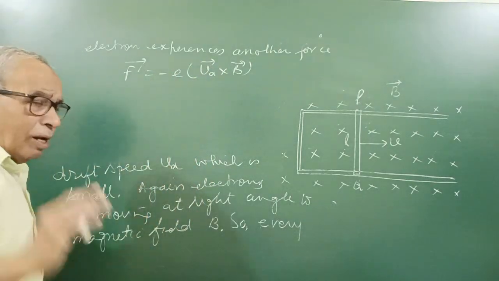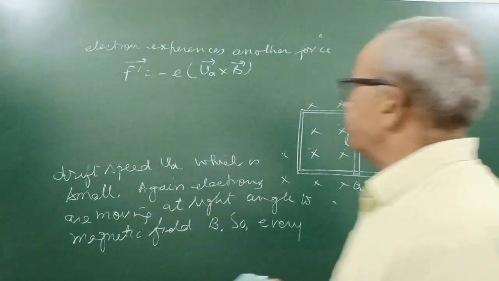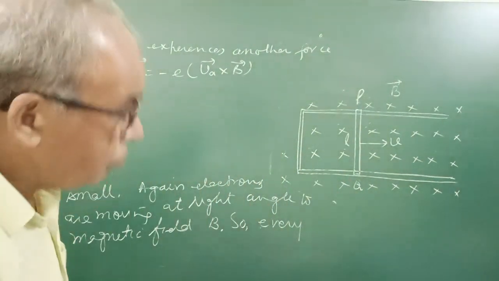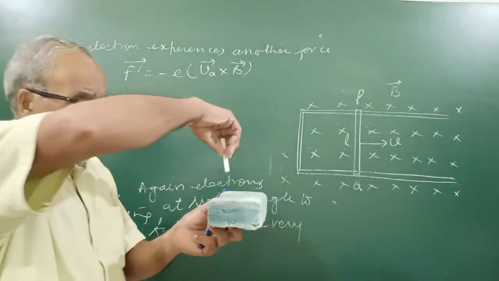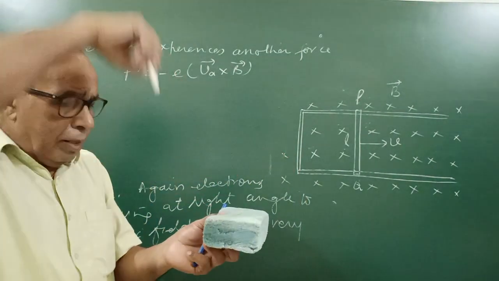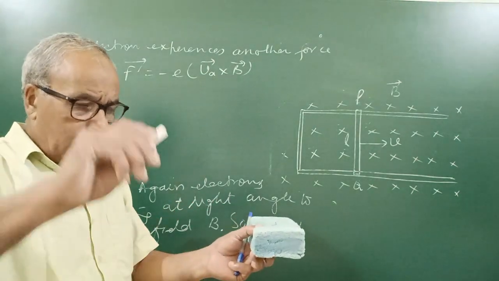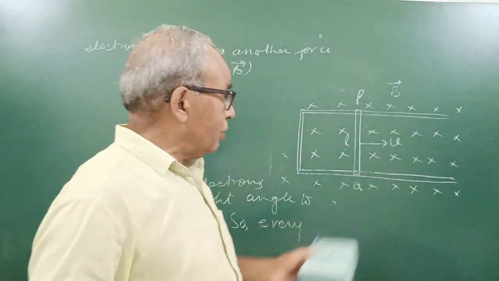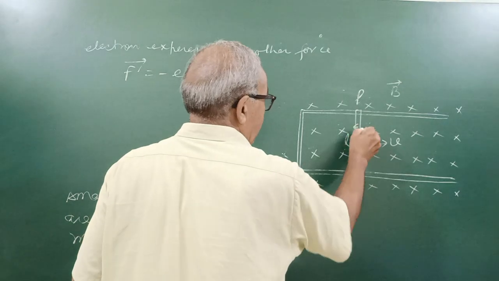Dear student, please learn vector product very carefully. The direction of this force: the velocity of the electron is this way, the magnetic field this way. If a positive charge moves this way, V cross B is in this direction, but electrons are negative, so that force will be this way.